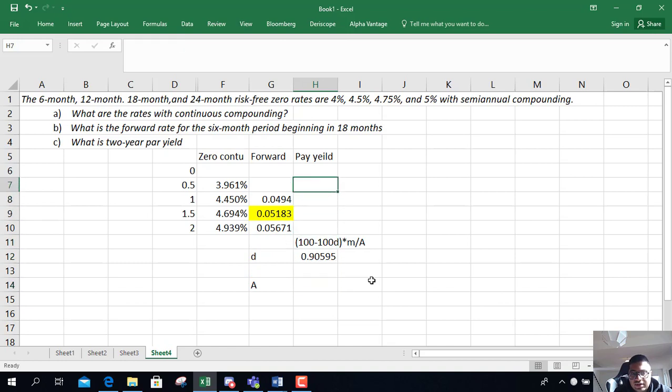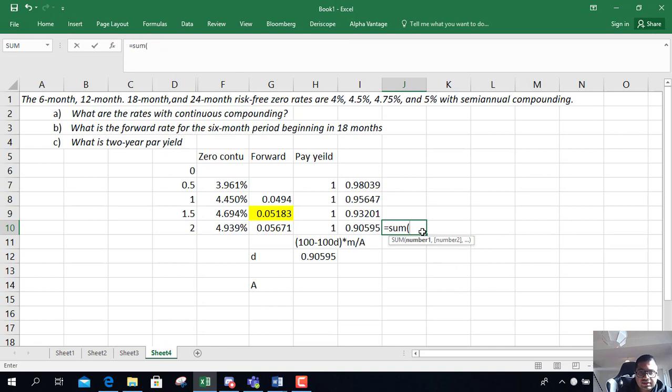Now A will be that thing, like we have to calculate A. So let's say $1 is received here, here, here and here. So what will be the present value? Present value will be $1 discounted at exponential rate, like it's continuous rate, for 3.961% for 0.5 years. So if you just drag that around, total A is addition of all these things. So A is 3.77.